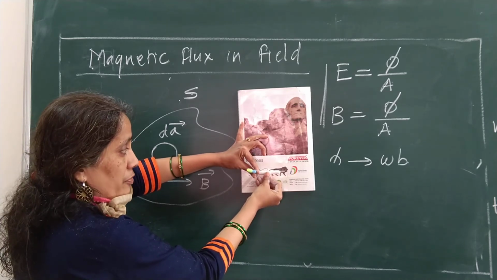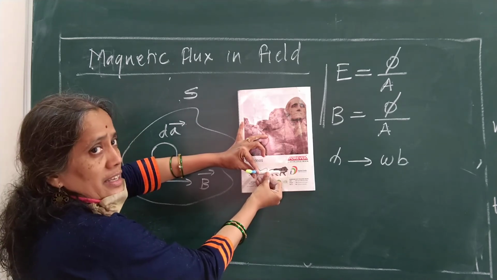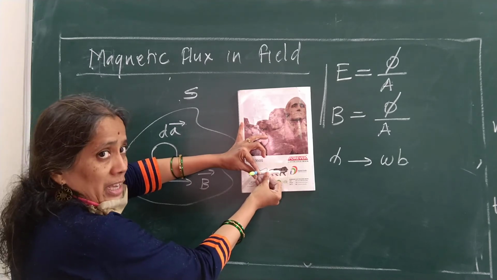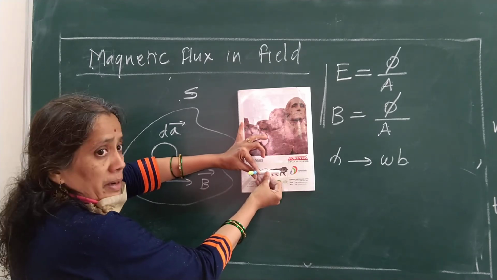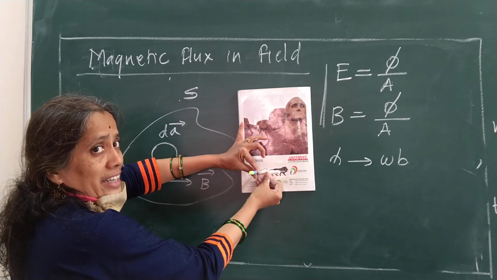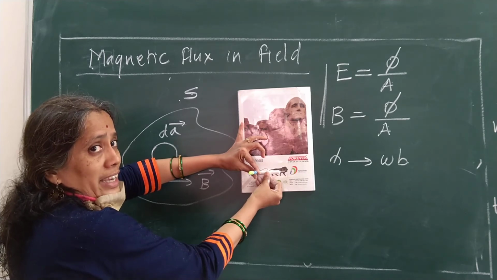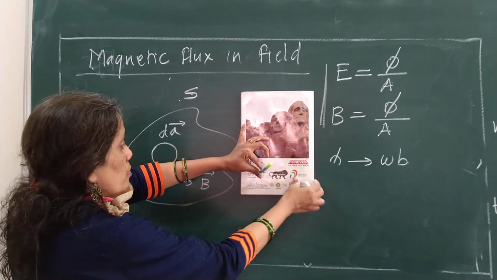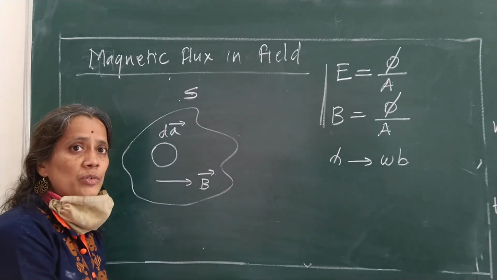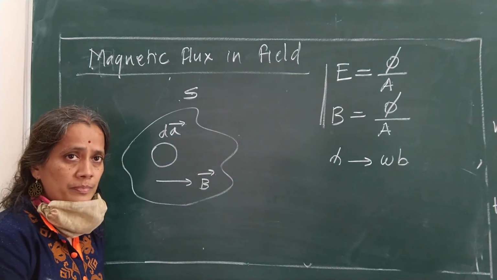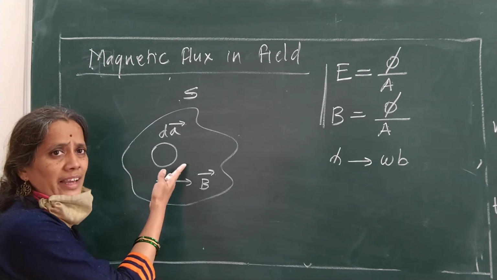So magnetic field is in the plane of the surface. Area vector is perpendicular to the surface. Now the angle between those two is 90 degrees. Means cos 90 is 0. Cos 90 is 0 means what? Your magnetic flux will become 0. So that is the concept here in the diagram.